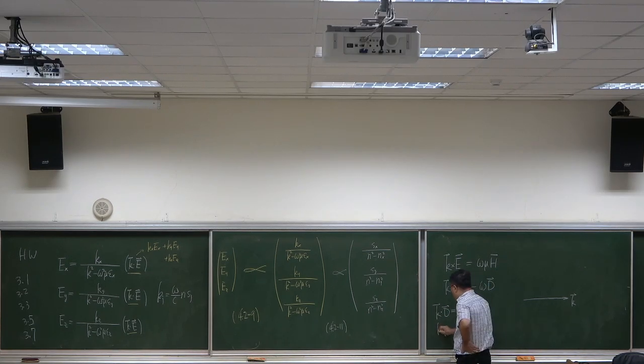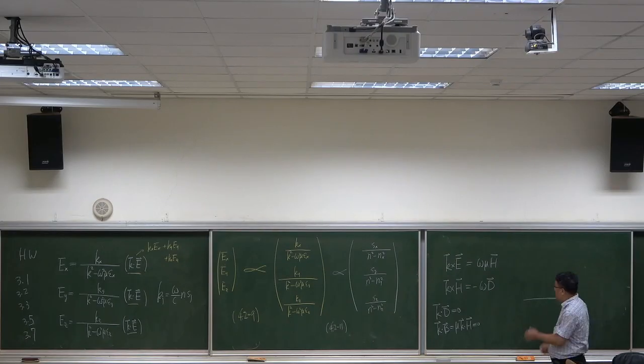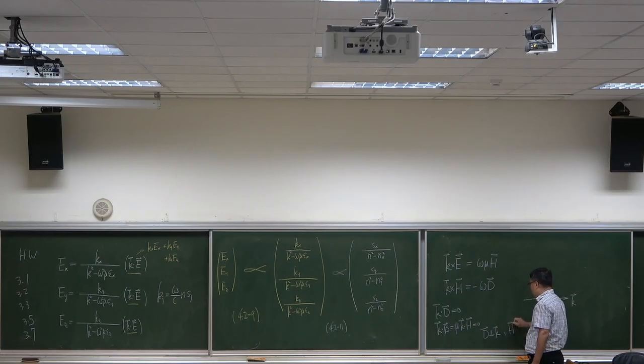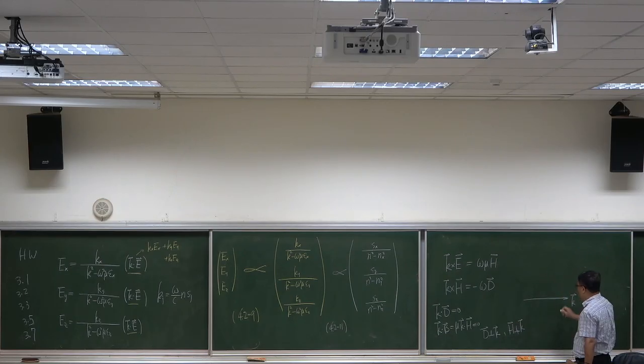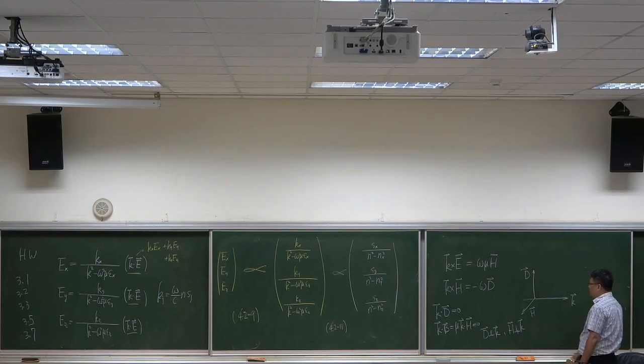And k dot B, which is mu k dot H, is equal to 0. So this means that D is orthogonal to k, and the H is also orthogonal to k.